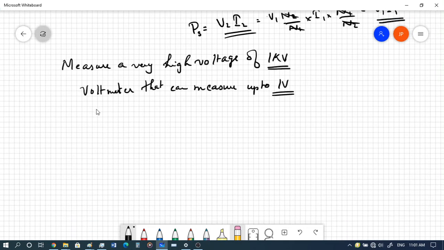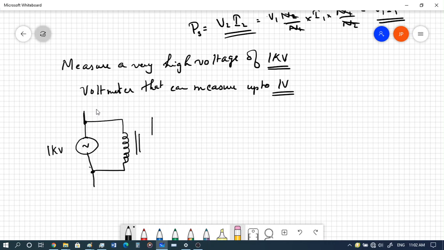So here we take the 1 kilovolt source, and connect a small transformer to it, and connect that to this voltmeter. We keep the turns ratio as 1000:1.